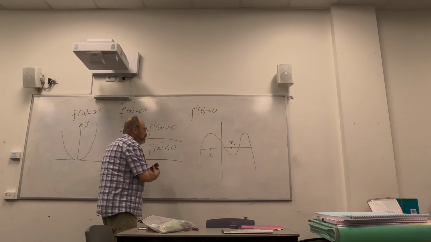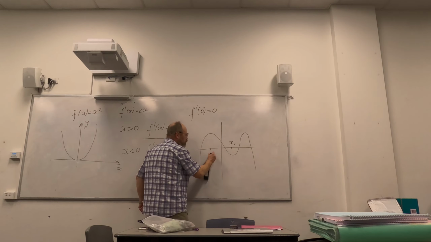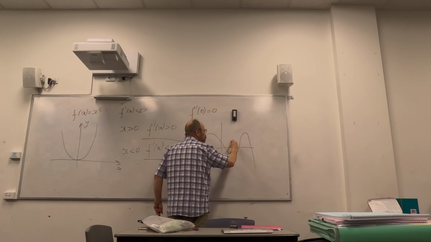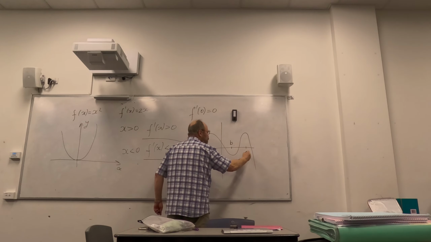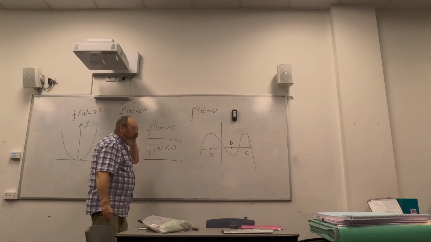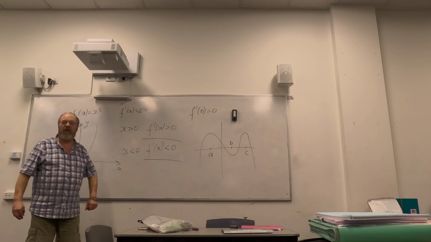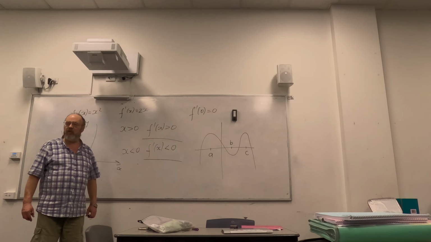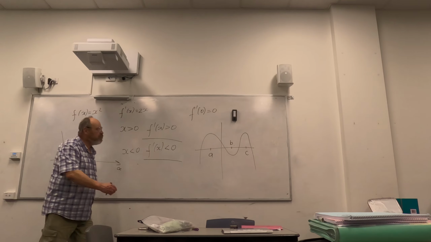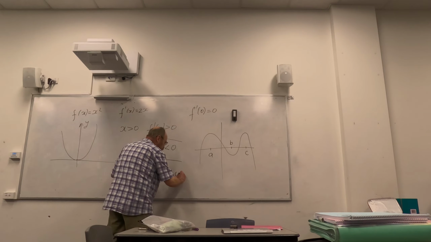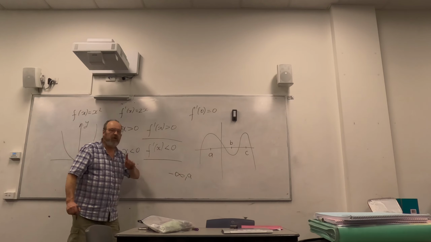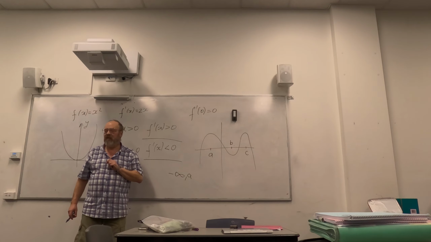This is a, this point is b, and this point is c. On which intervals is the function increasing? Where the derivative will be positive: between negative infinity and a. From negative infinity to a. Is a included? No.